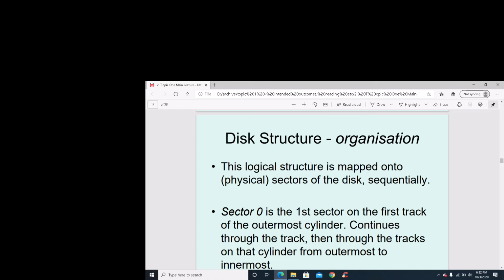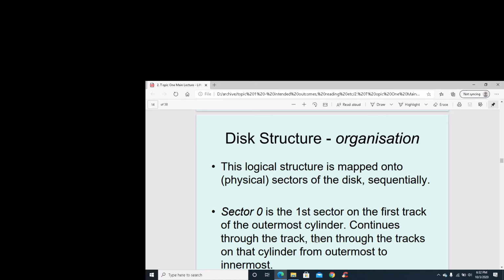So, for example, sector 0 is going to be placed on the first track in the first sector of the outermost cylinder. And when you've used all that, you can take the next element of the array of data that you want to place onto the hard disk drive, and you continue in exactly the same way.